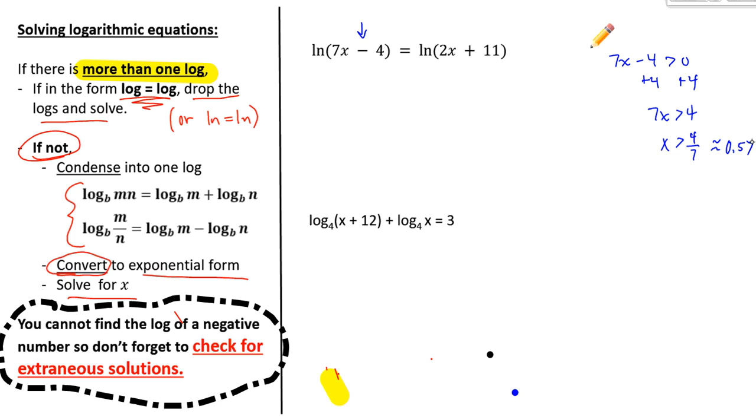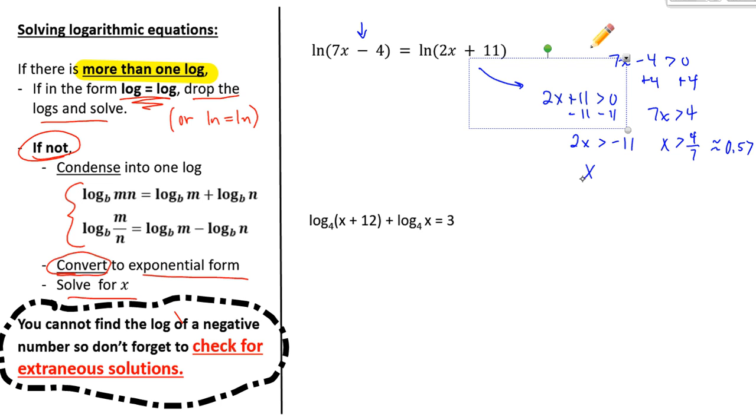I'm just getting approximate so I can think in terms of a number line. This one says 2x plus 11 has to be greater than 0. Okay, 2x has to be greater than -11. X has to be greater than -11/2, which is -5.5.